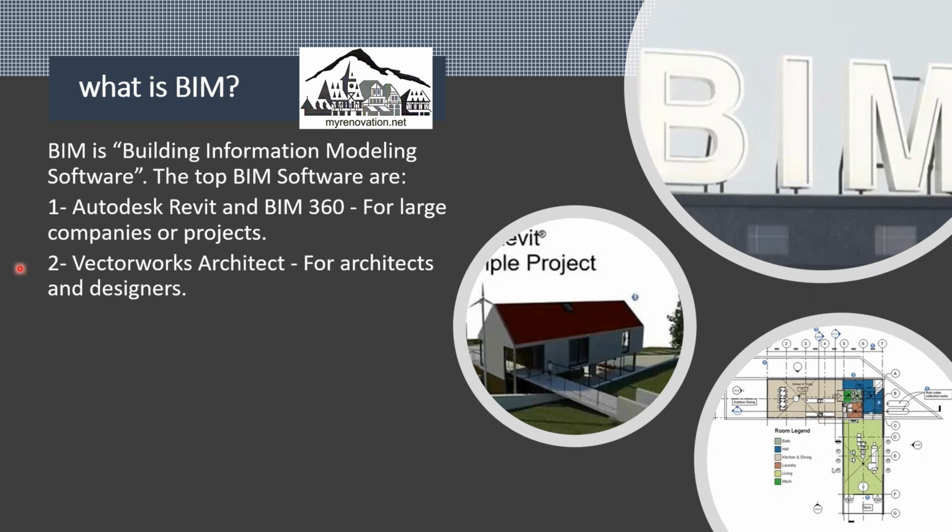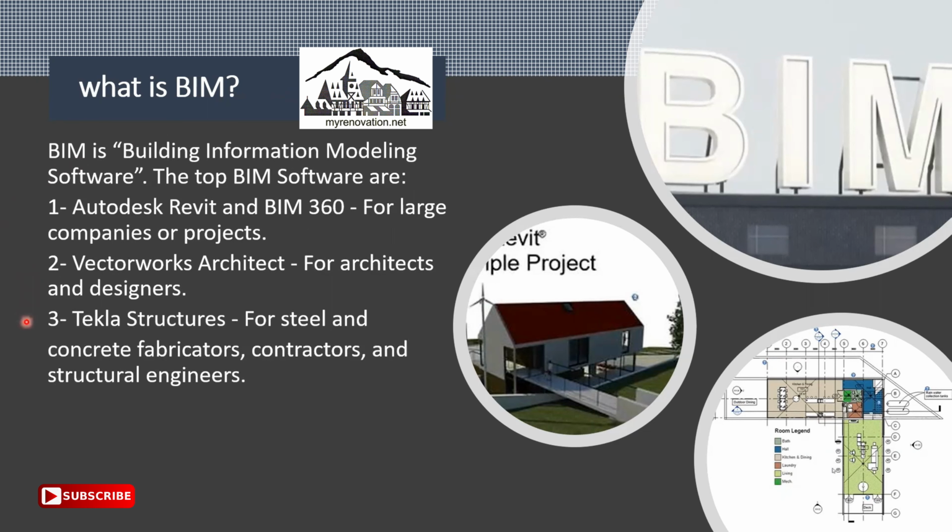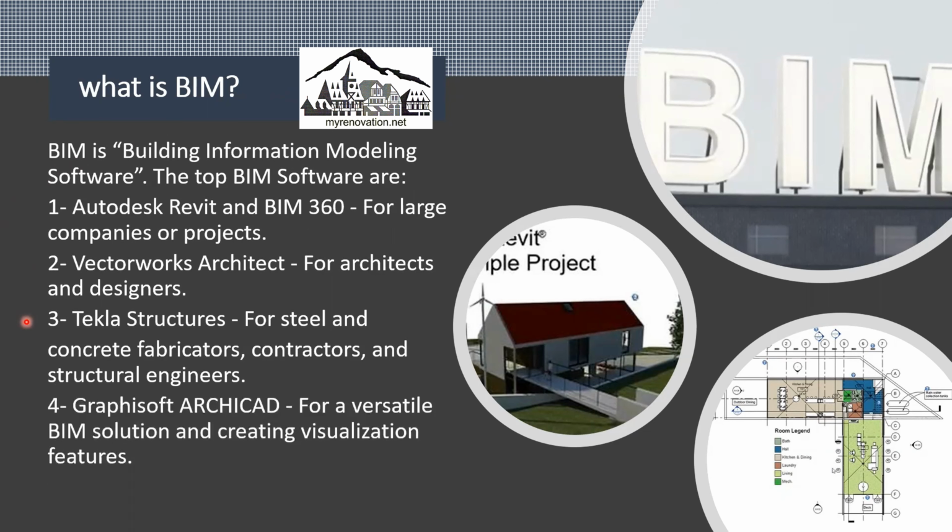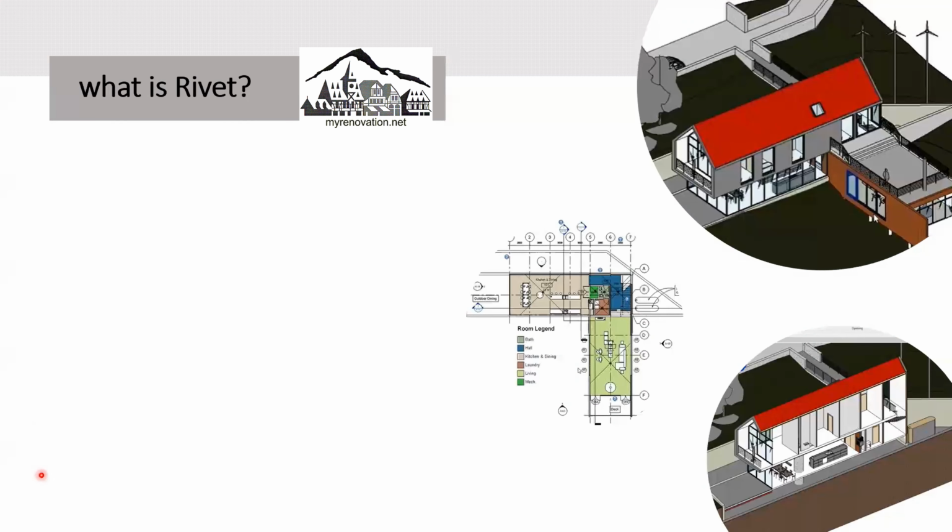Number two, Vectorworks Architect for architects and designers. Number three, Tekla Structure for steel and concrete fabricators, contractors, and structural engineers. Number four, Graphisoft ArchiCAD for versatile BIM solution and creating visualization features.